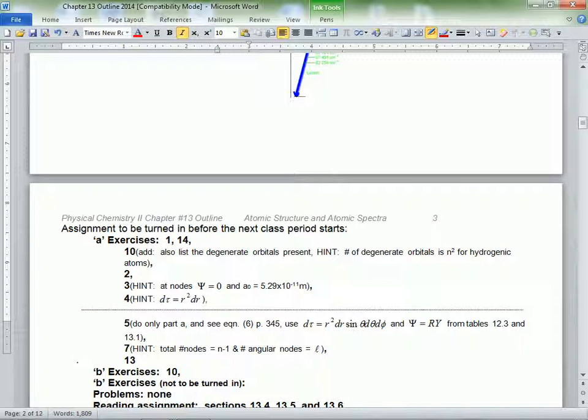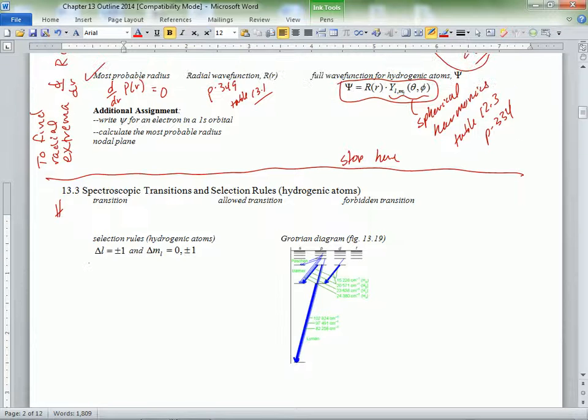Oh yeah, there's a line here. So this is where you stop for your homework. Homework for Monday, stop at that line. Go ahead and do everything above the line.